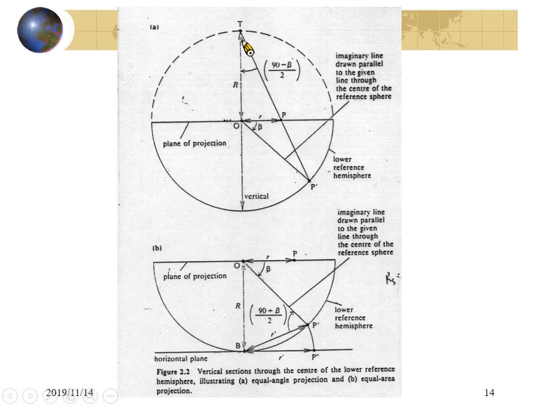This shows you again the projection. If you have an intersection point here, and you project to the horizontal plane here, this will be the projection. Okay, it will be the equal angle projection.